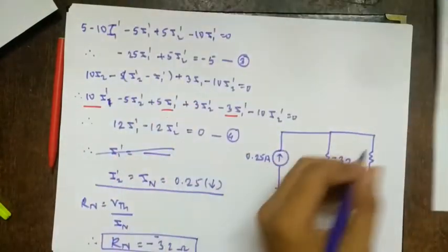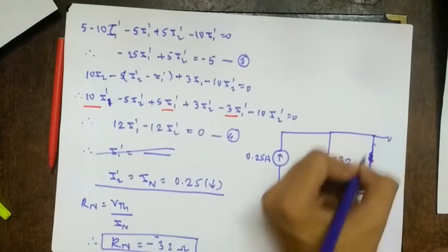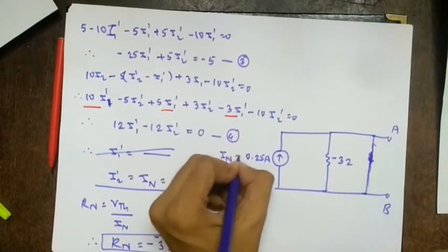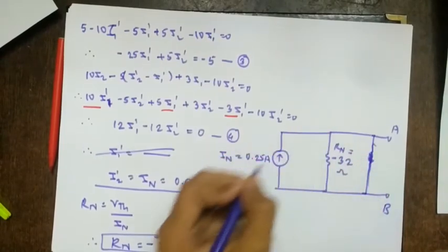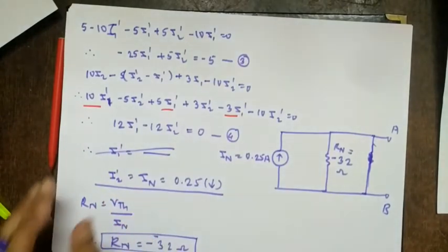RL is not given, so we will not draw this way. We have to find the Norton's equivalent network. So this will be A, B. This will be IN, this will be Rn equal to minus 32 ohms. Right? So this is the way we have to solve.